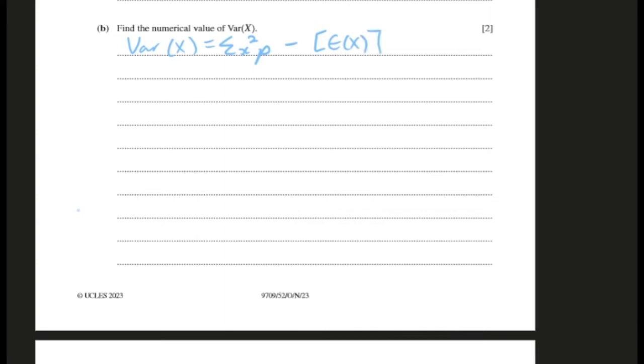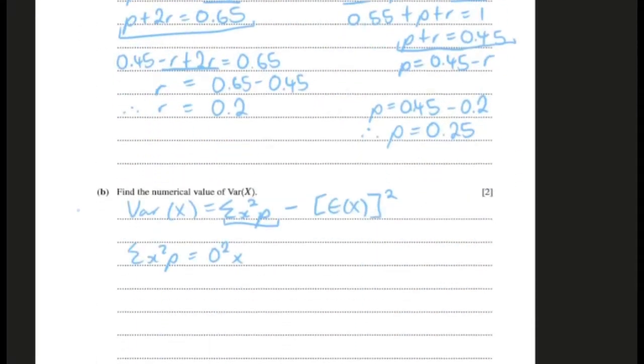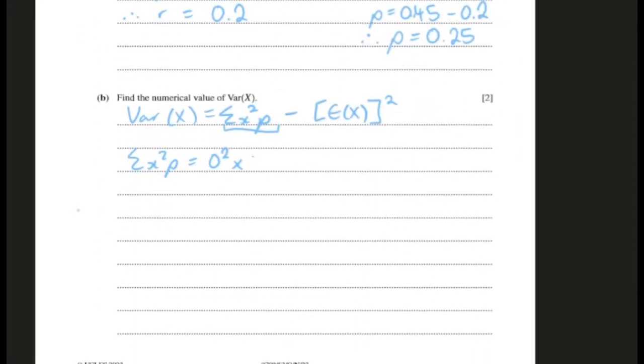So the summation of x squared p would be 0 squared times 0.4 plus 1 squared times p, which is 0.25, plus 2 squared times r, which is 0.2, plus 3 squared times 0.15.